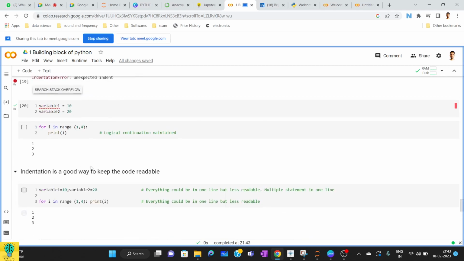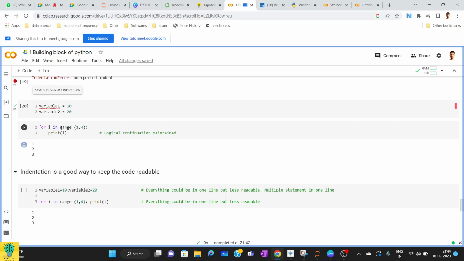We'll come back to it when we are going to do it. See here, this print i is inside this first line. This first line is a for loop. I will explain it in great depth, don't worry about it right now. Just understand I'm writing a command that is for i in range 1 to 4.